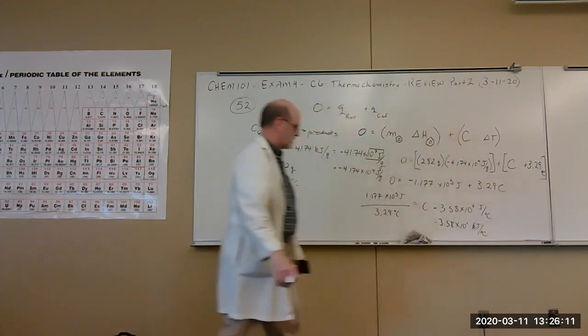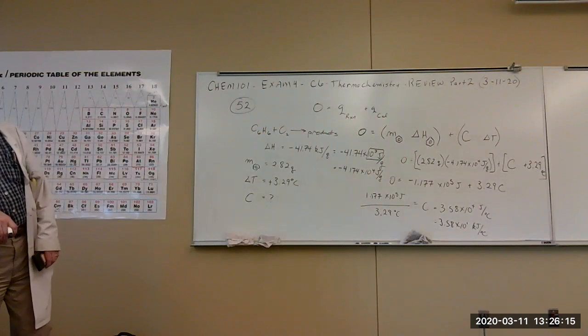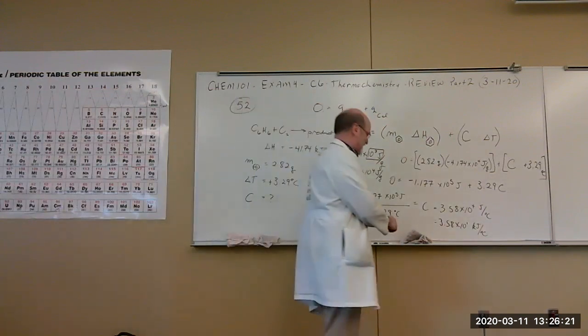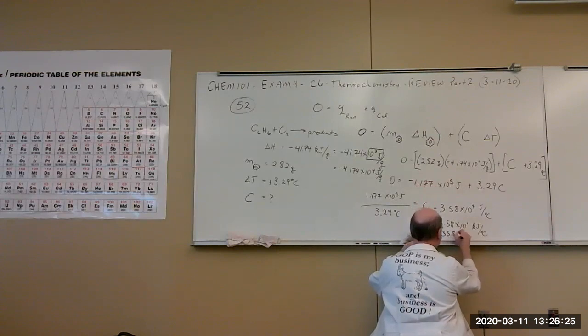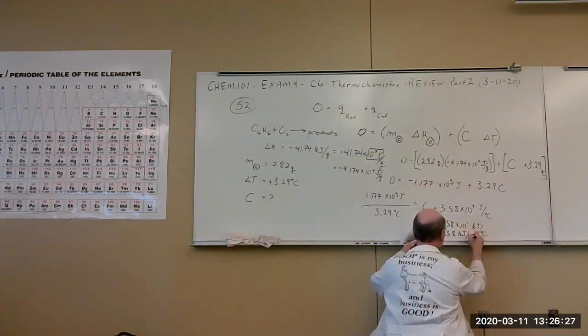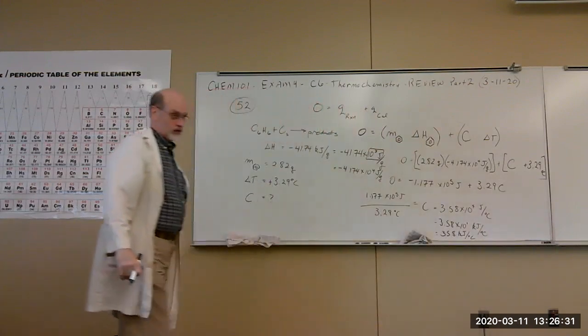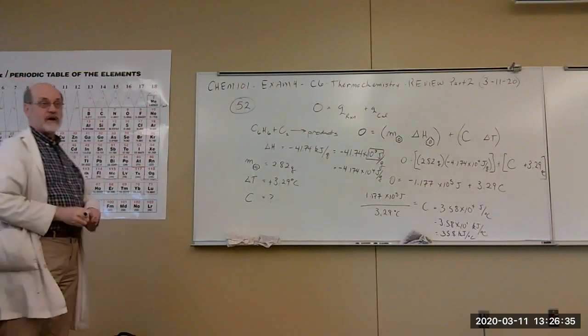Very good. Now, is that one of them? All right, they're in standard notation. So what's that in standard notation? 35.8 kilojoules per degree C. That calorimeter has a huge calorimeter constant. That is a monster.